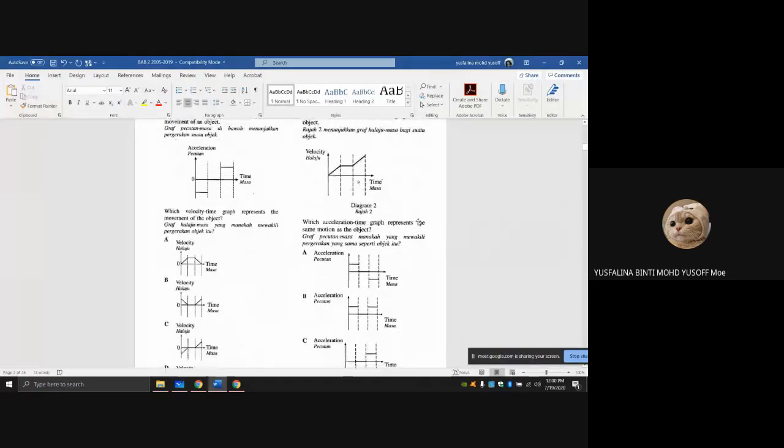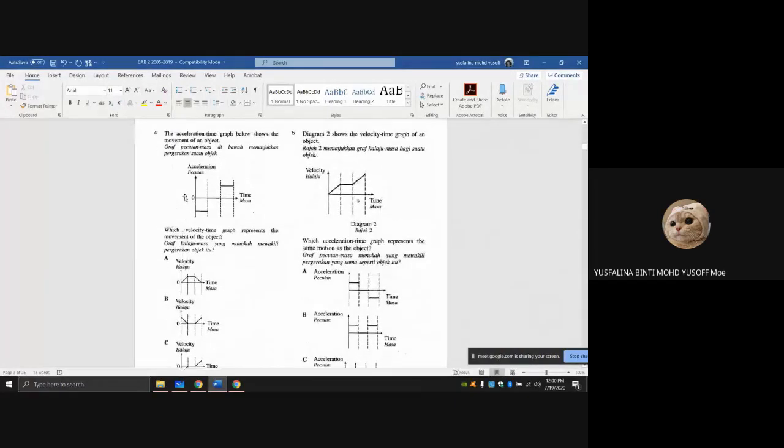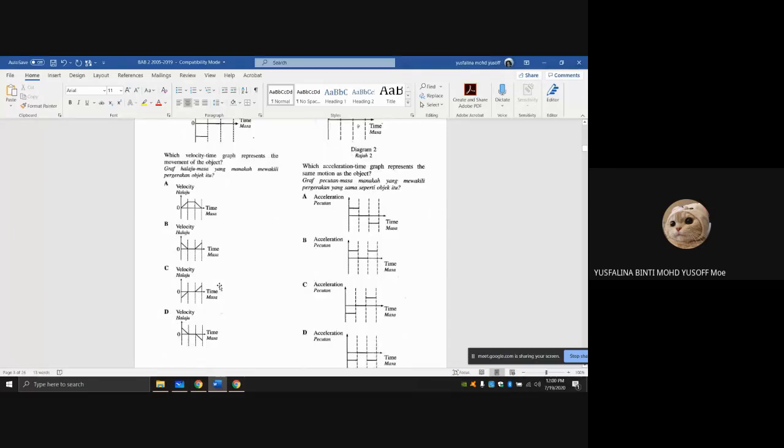Okay, the next one, number 4. This one is from acceleration to the time, sorry, acceleration to the velocity. So this one, the acceleration is negative, right? Negative acceleration means the velocity is decreasing. So which one decreases? The B or D, right?